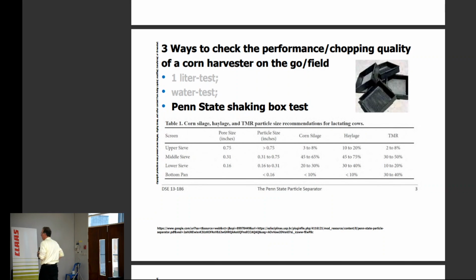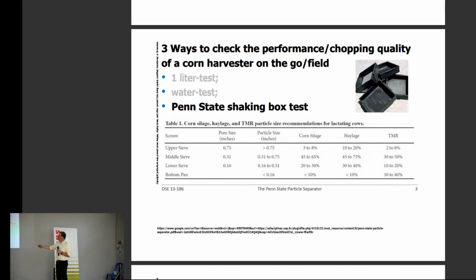And you can see they have different pore sizes, from 0.7 inch to 2.16 inch, so different particle sizes. The bottom part are the very, very small ones, and as a rule of thumb, there the share should be less than 10%.